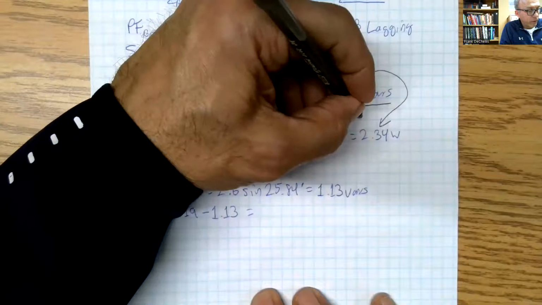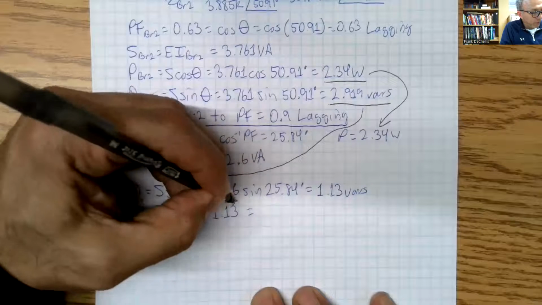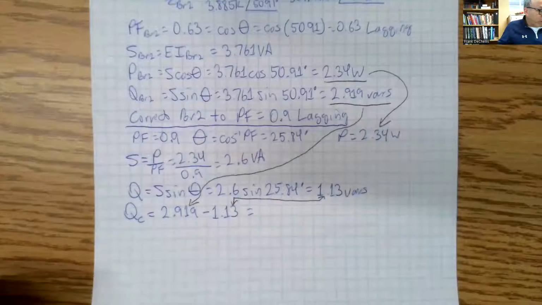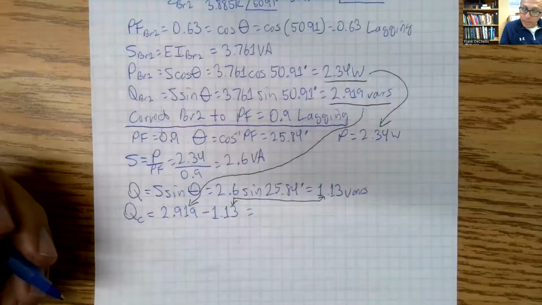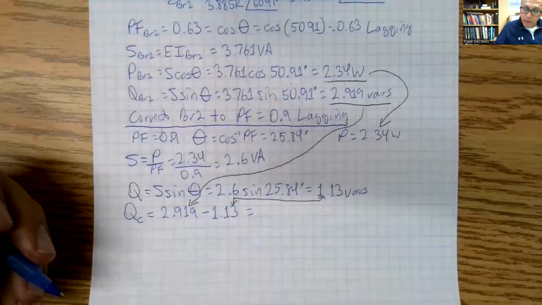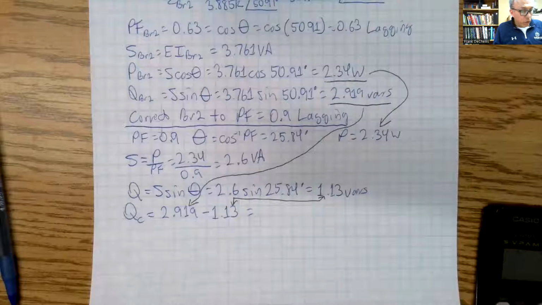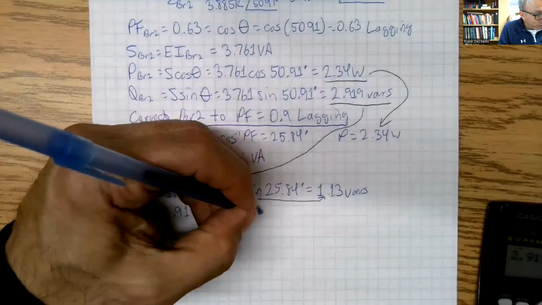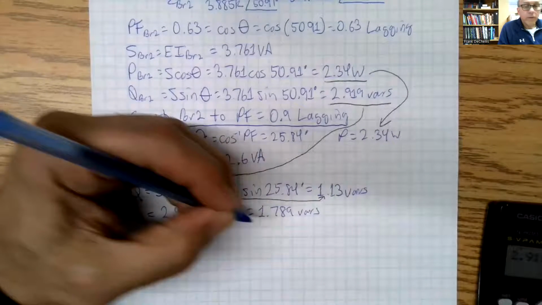The first number comes from here, and this number we just calculated. Okay? So if we do that, we end up with 2.919 minus 1.13, and we get 1.789 VARs.